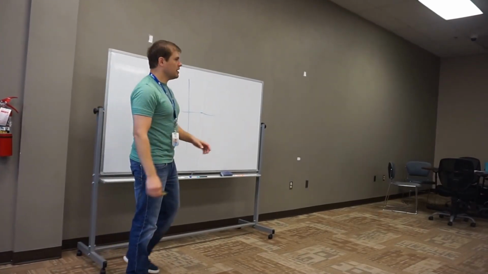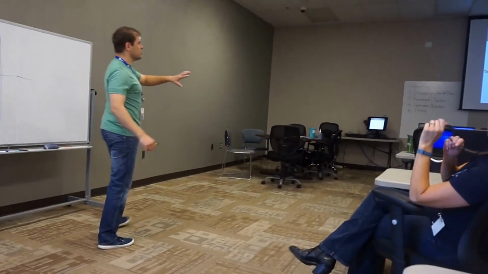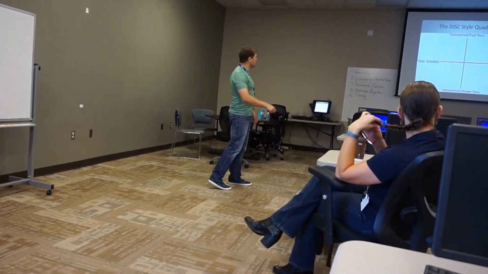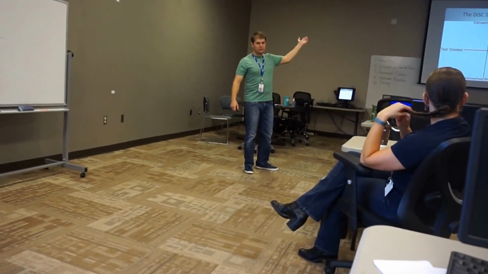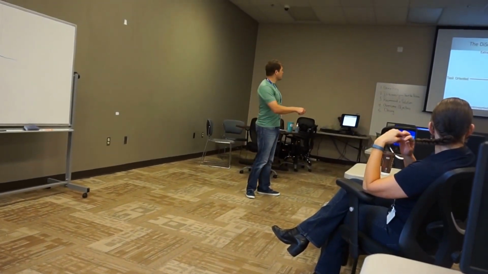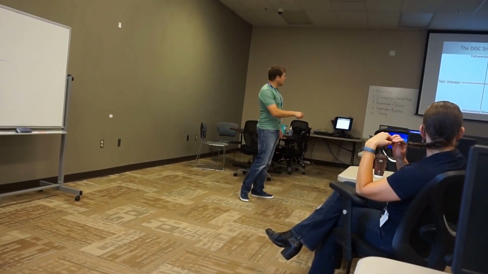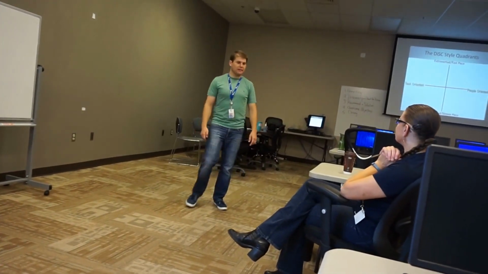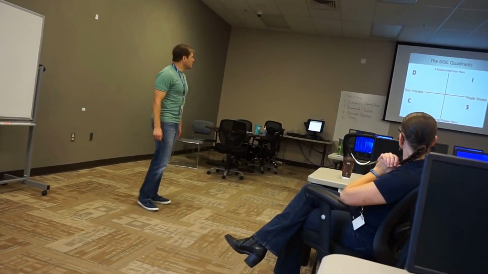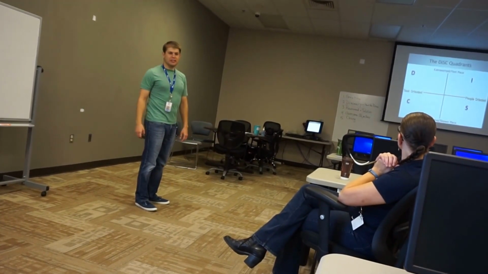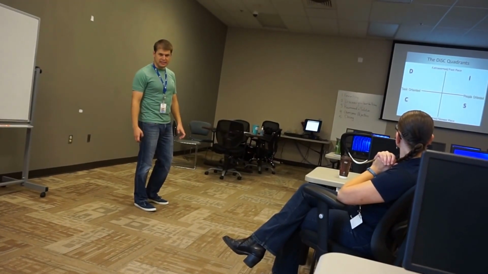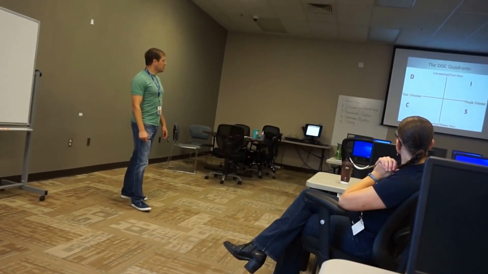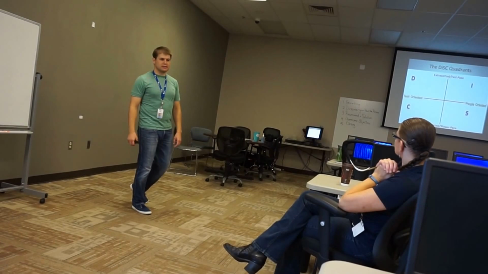So if you fall in one of those different areas, in this quadrant right over your top right, you're going to be extroverted and people oriented. Okay? So this is our DISC quadrants. We have D, I, S, and C, DISC.